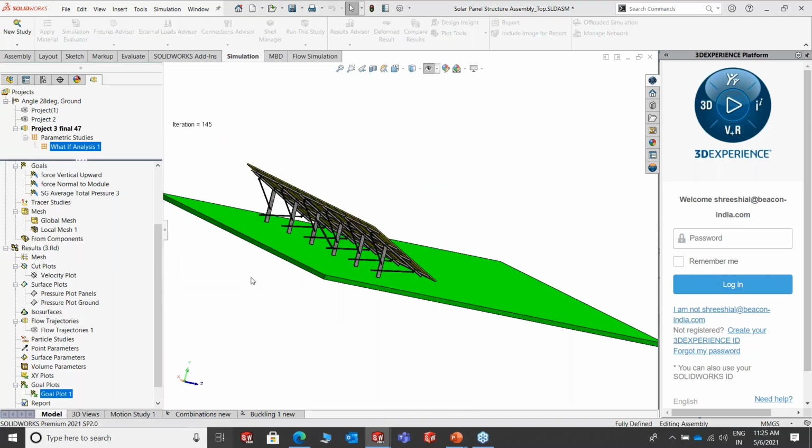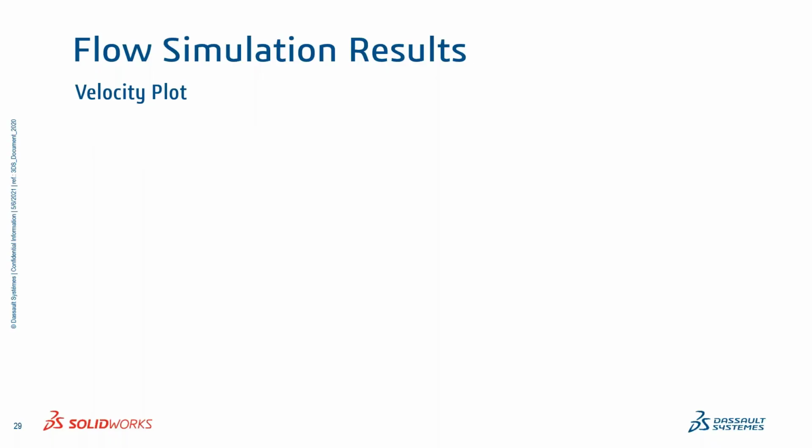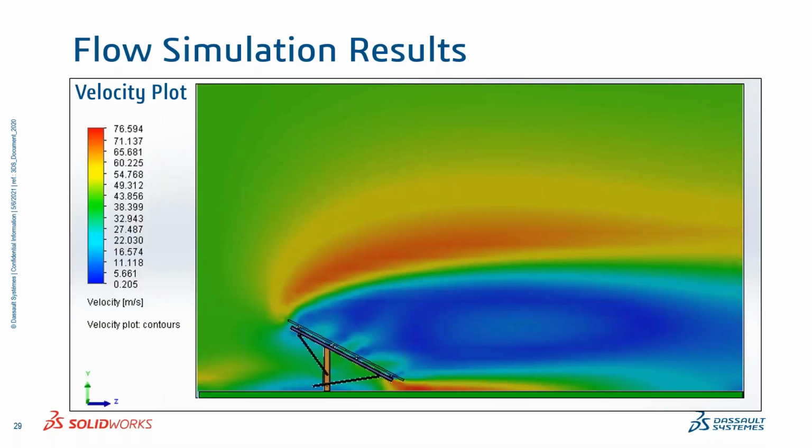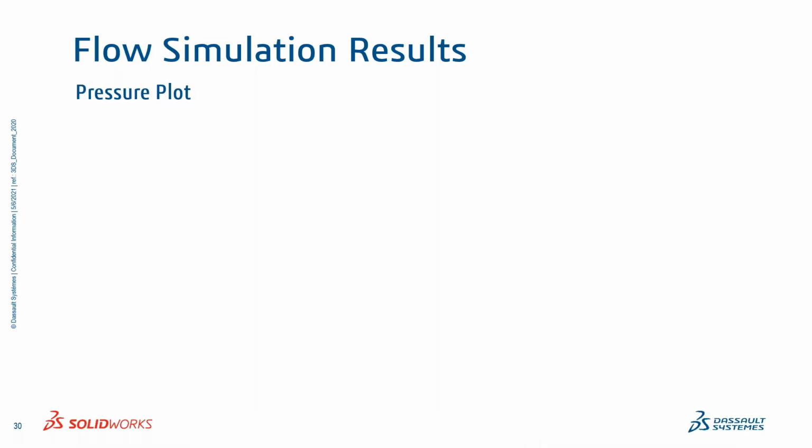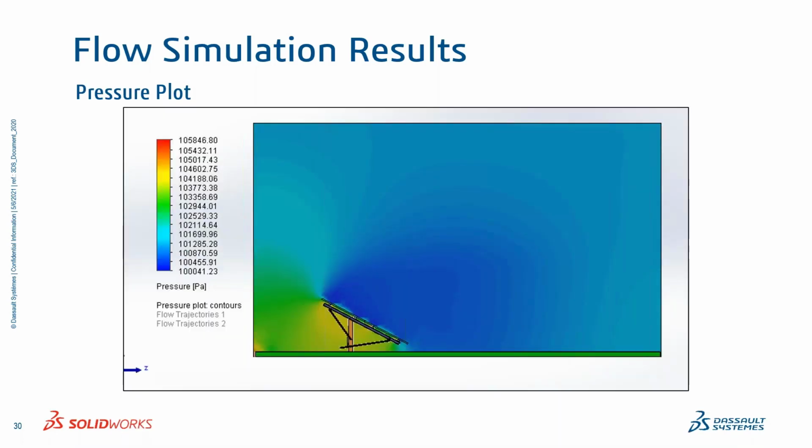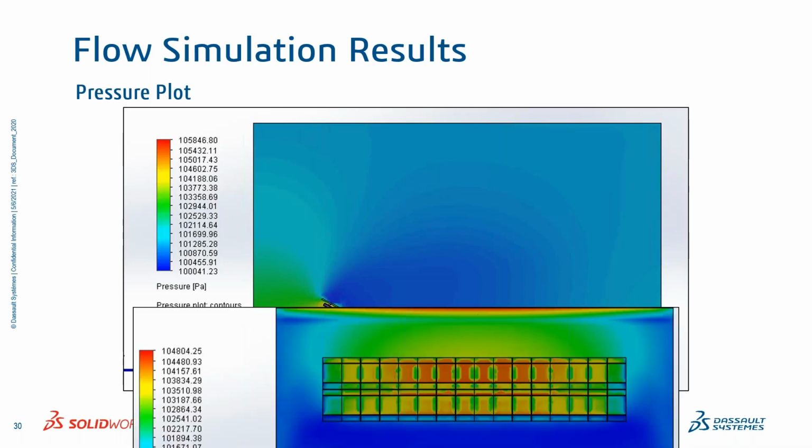This is how SolidWorks Flow Simulation helps you in understanding the wind effects, the velocity distribution, and the pressure distribution, and many other aspects with regards to fluid dynamics and thermodynamics can be estimated.